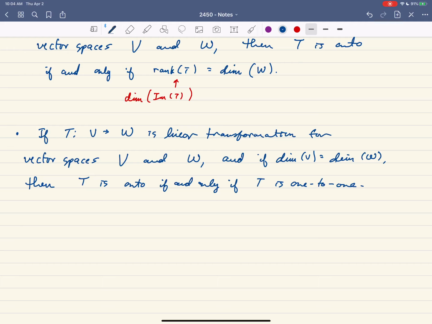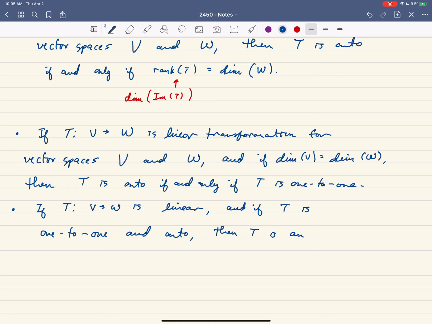And then the final definition for this video: if T going from V to W is a linear transformation, and if T is 1 to 1 and onto, then we have a special word for that.